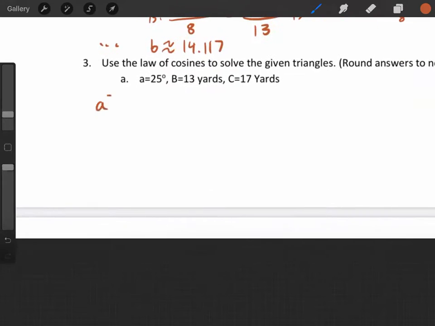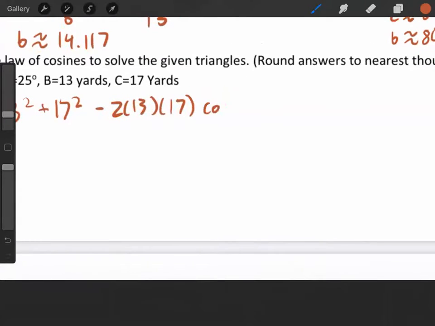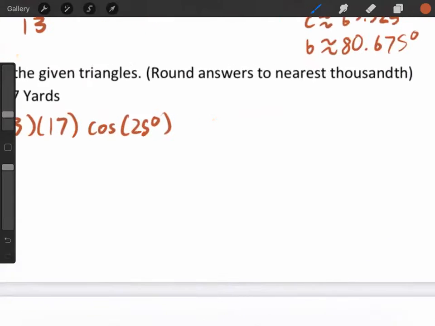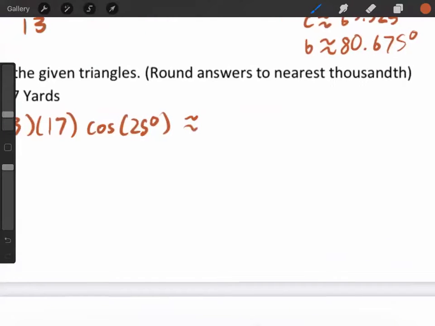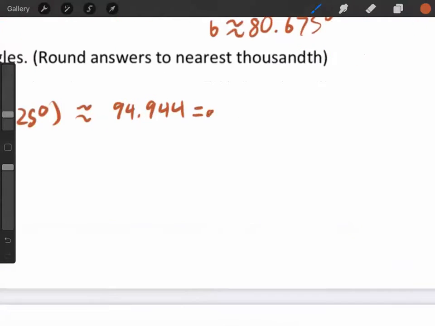A squared equals 13 squared plus 17 squared minus 2 times 13 times 17, cosine of 25 degrees, which is approximately 94.944. So that's what we end up with, and this is equal to a squared.